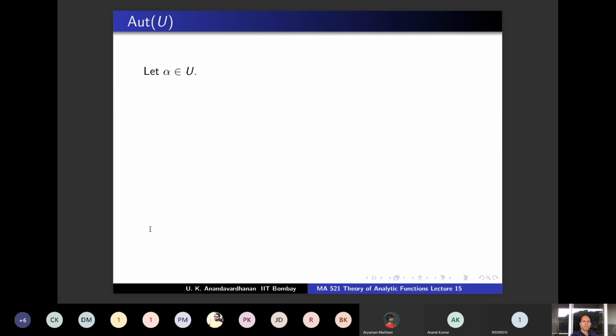And now let us do something about, so you take the open unit disk and you would like to know what are the biholomorphic functions on U. Meaning, this is what I call automorphisms of U. So these are holomorphic functions from U to U. A holomorphic function on U can take a value which is outside U. I'm not interested in those functions.